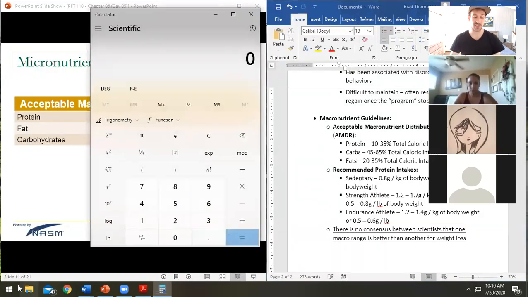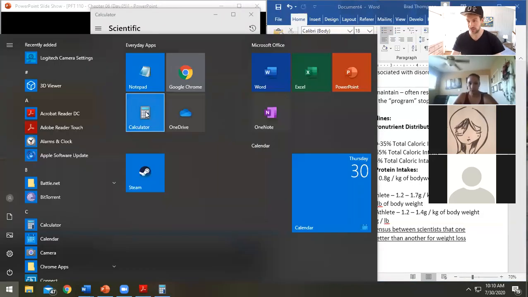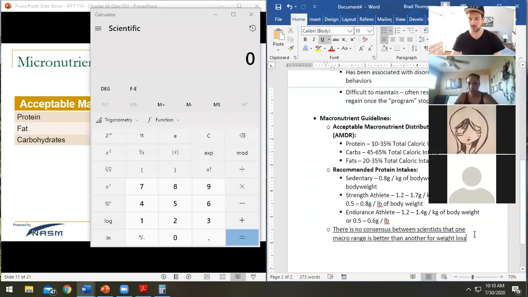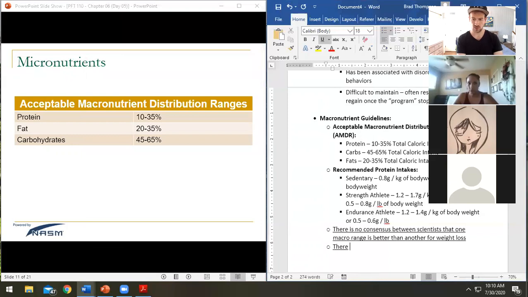Let's say we've got a 2,000 calorie diet versus a 3,000 calorie diet, but our person weighs the same in both scenarios, okay? There should be a general reduction in calories to create weight loss, but the percentages of macronutrients should remain the same.